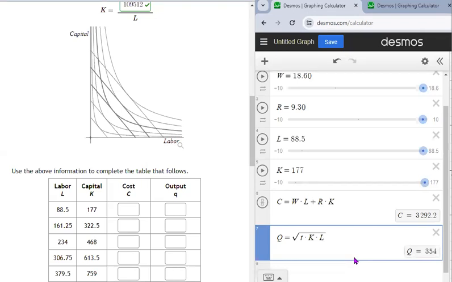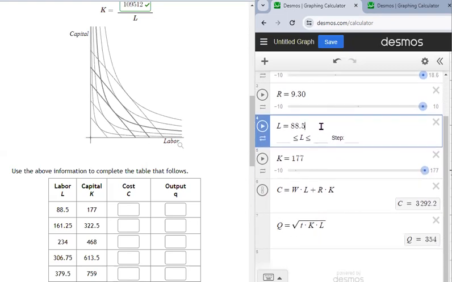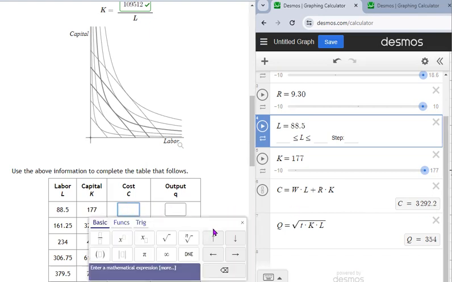Okay. So when labor is 88.5 and capital is 177, as it is in row 1, the cost is $3,292.20, right? And the output is 354 units of product.